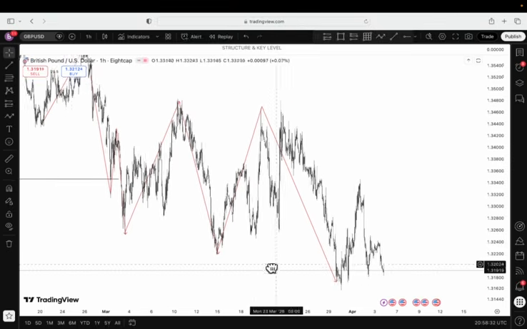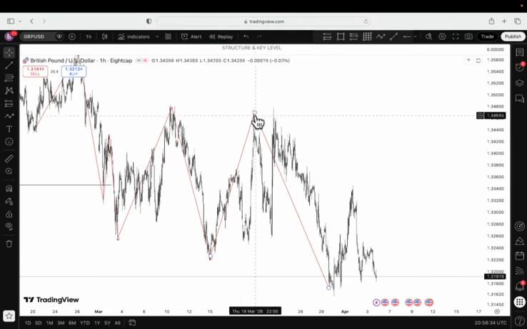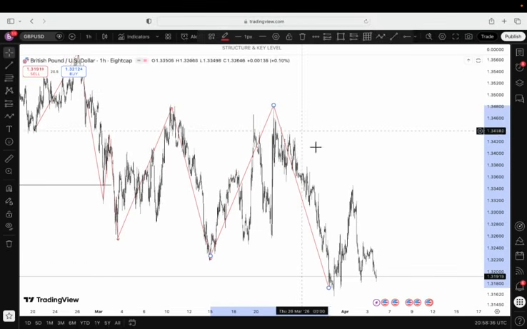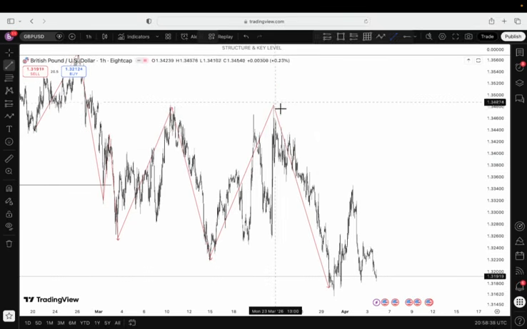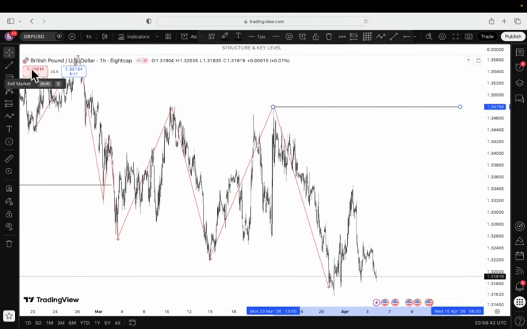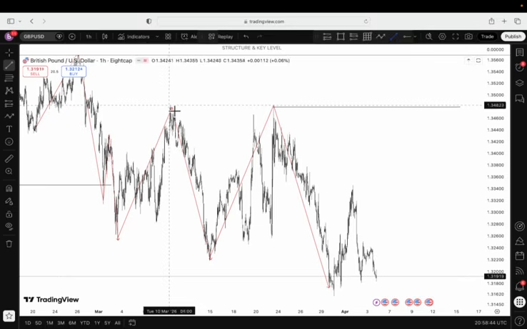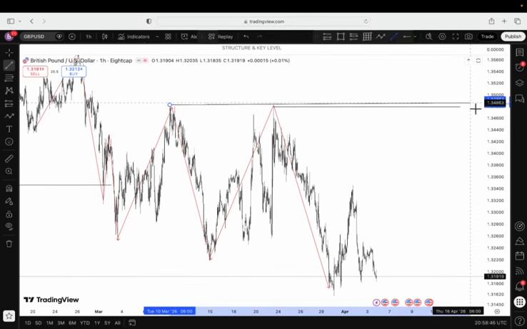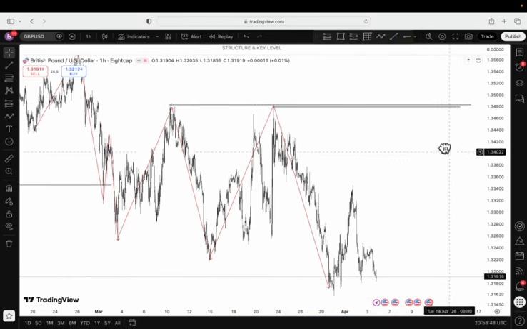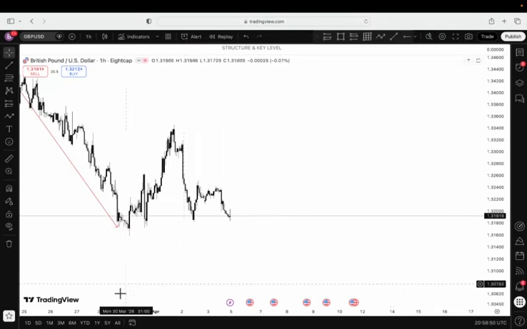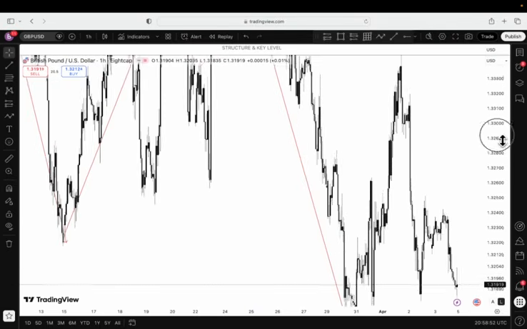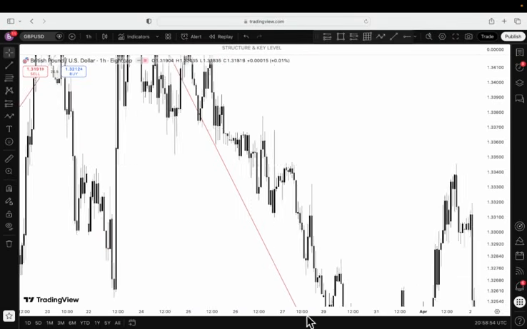Yeah, this and this. So it's simple. First guy, and then we have the second guy. That's all. Let's see what has been happening inside this one leg.